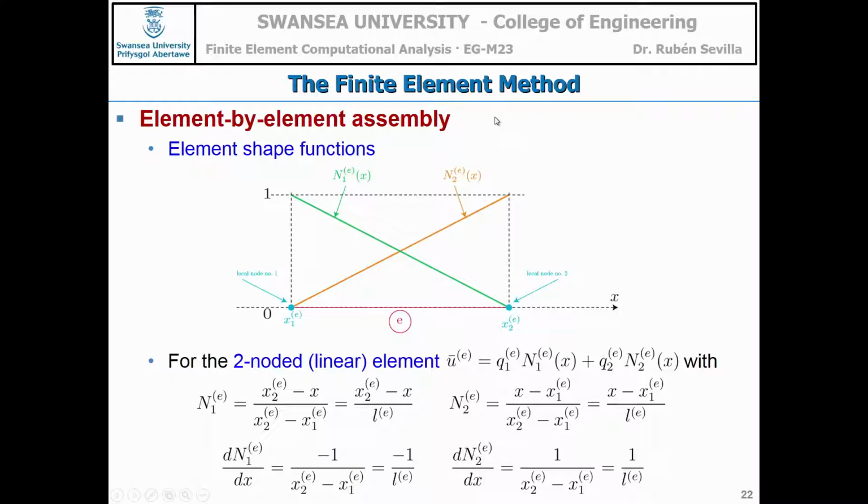How do you do that? If I tell you, give me the expression, give me the formula of N1. What do you know about the shape function? You only know one thing, you and me and everybody else in the world. Which is? It's linear. Linear, okay, you know two things.